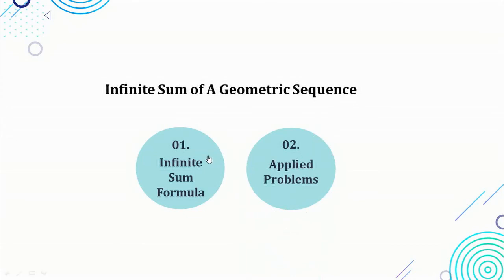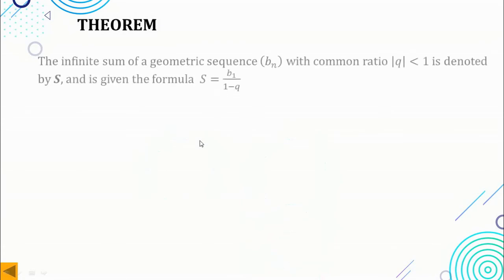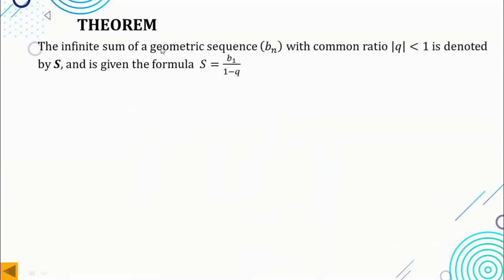Okay, what is the infinite sum formula? The theorem: the infinite sum of a geometric sequence Bn with common ratio absolute value of r less than 1 is denoted by S, and is given by the formula S equals the first term over 1 minus r, everyone.